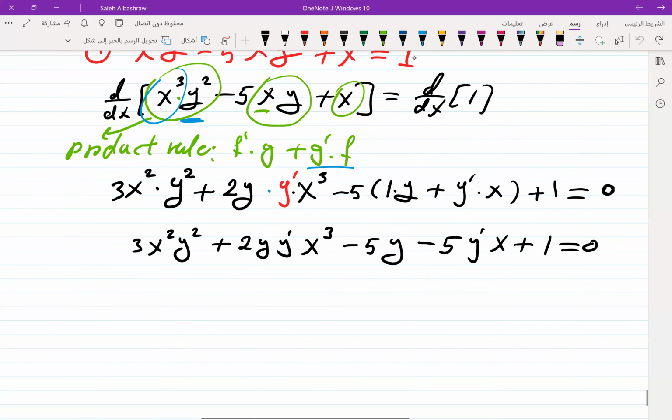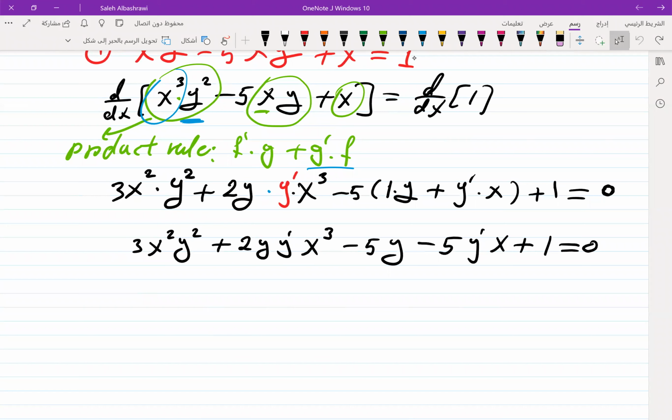Which can be written as: I will keep the term with y prime on the left hand side. I have two terms, and the others I move to the right hand side.